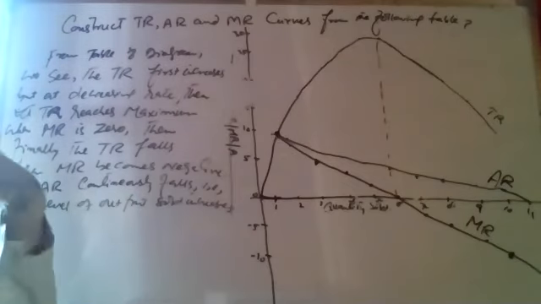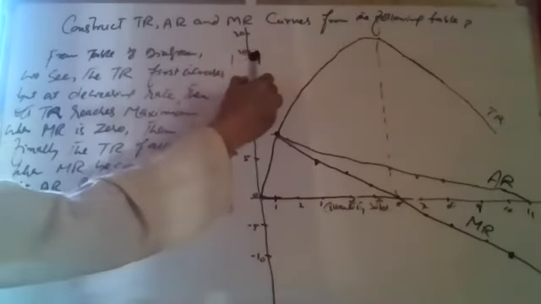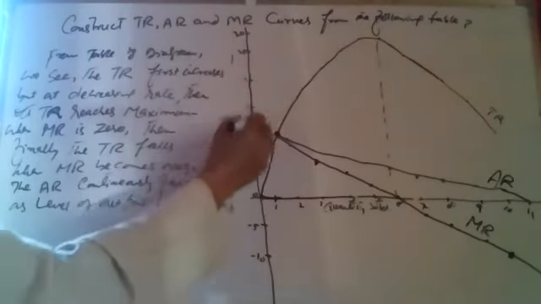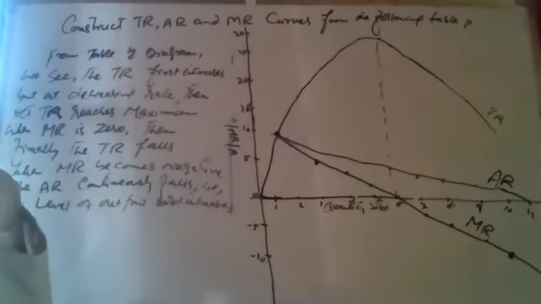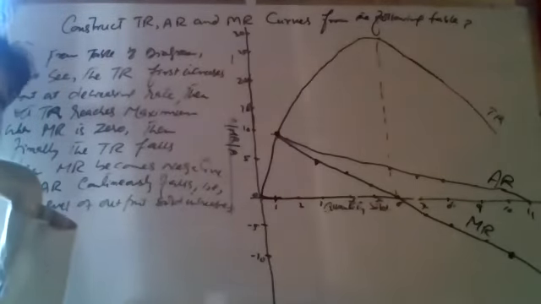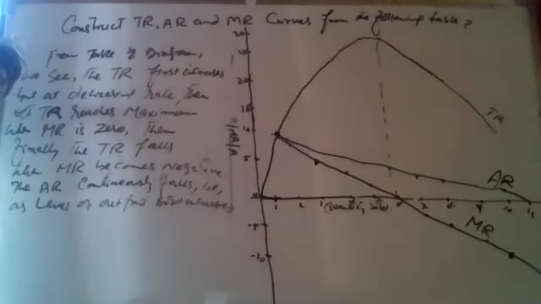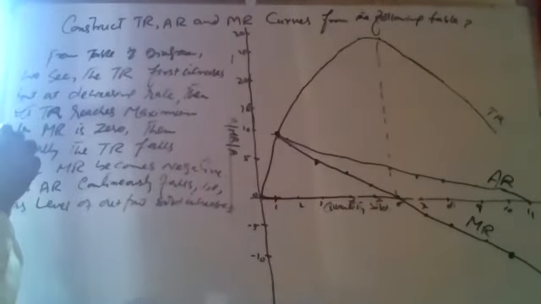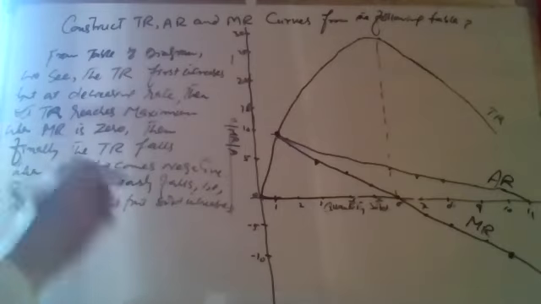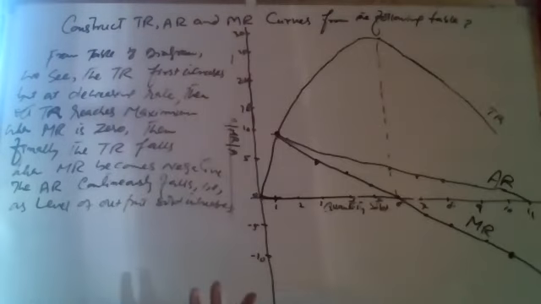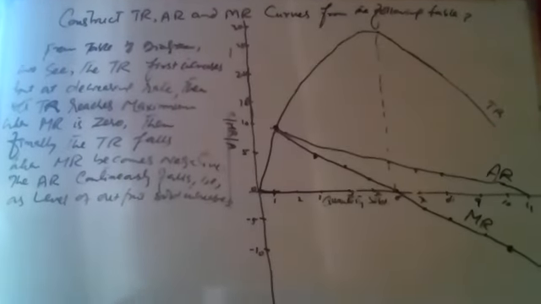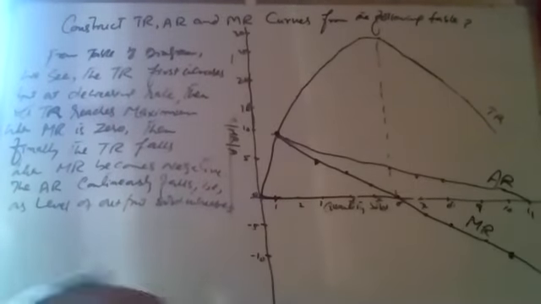Because a firm can sell more and more output at less price. When a firm decreases its price, that means decreases its average revenue, it can increase its market share and sell more and more.